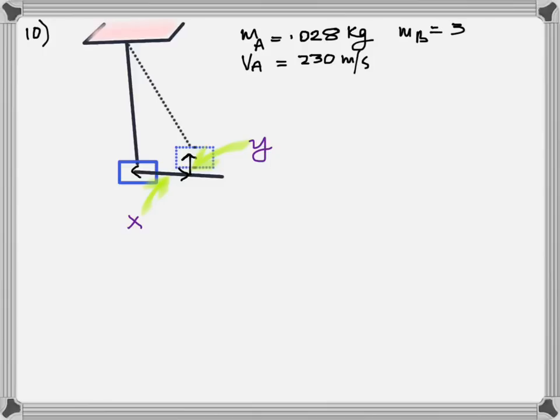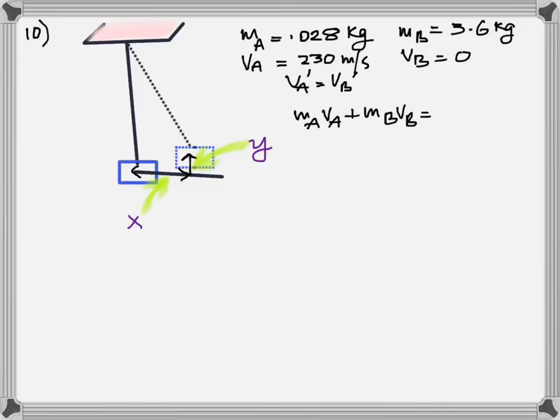The mass of the bullet is 0.028. Mass of the block is 3.6 kilograms. Bullet moving at 230 meters per second, and initially the block is at rest. We know that they stick together, the bullet gets stuck in the wooden block, so they have the same velocity. That's why VA prime is equal to VB prime.